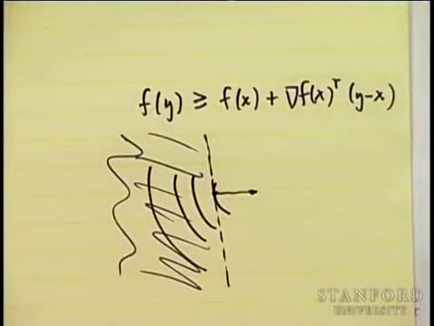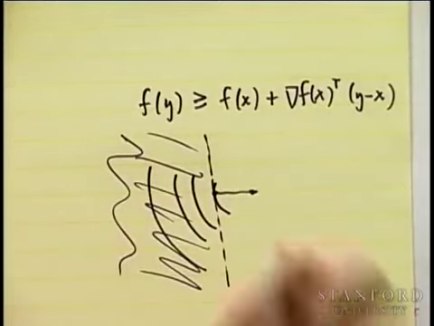So the basic geometric conclusion is that when you evaluate the gradient of a convex function, the half space that's aligned with that normal, all those points have worse value of f, and there's no point even looking there because it's absolutely guaranteed.